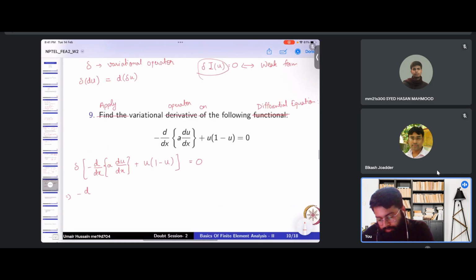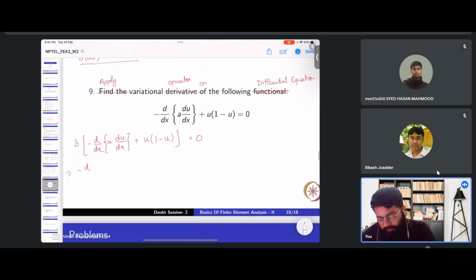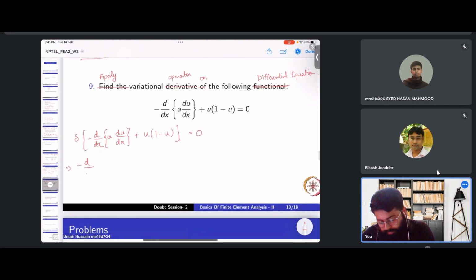Using this rule here, you can transfer this variational operator inside the derivative, right?